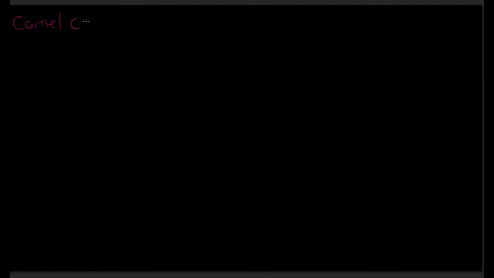Camel Case: if I were writing a word, you basically remove all your spaces. Let's do "sub to me on YouTube". Your first letter is small, so it would be "sub", and then you'd have an uppercase "To", "Me", "On", "YouTube".